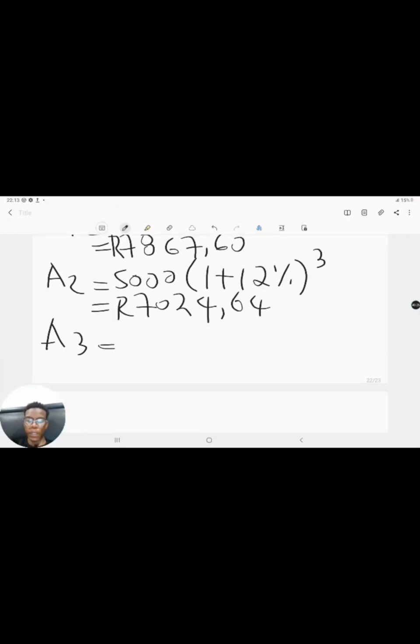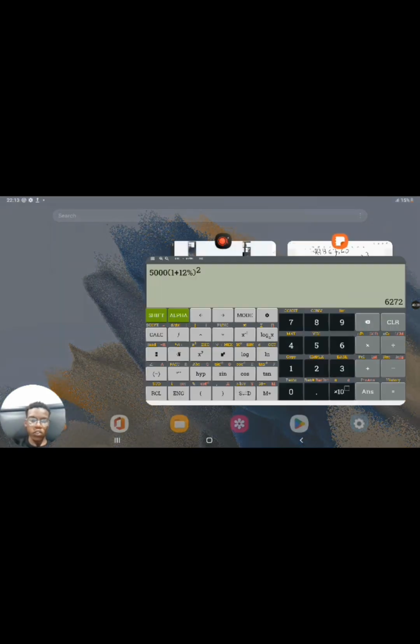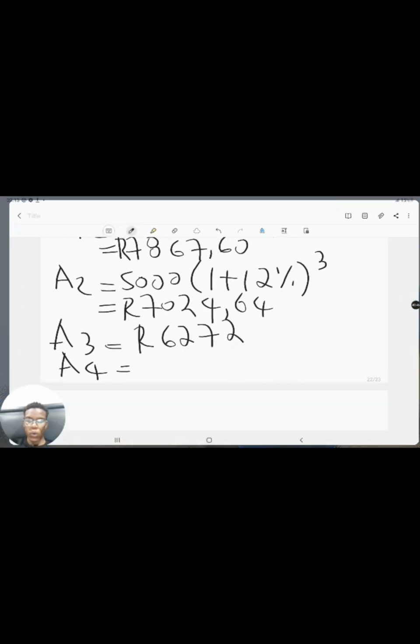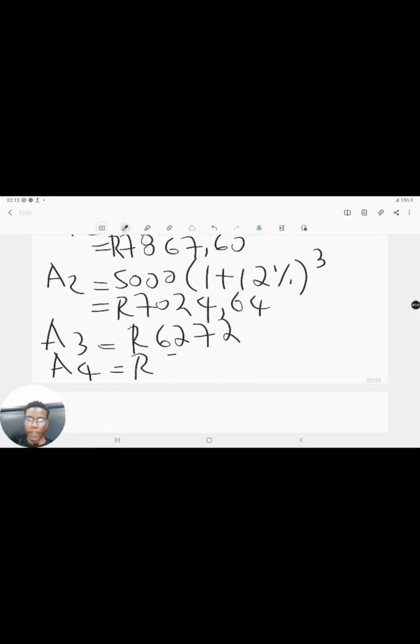This is going to be A3. I'm not going to do the substitutions now. You see, you get the gist. 6272. Then A4 would accumulate interest over 1 year. You can see what I'm doing. I'm just changing the terms. It's going to be 1 year. That's 5600.